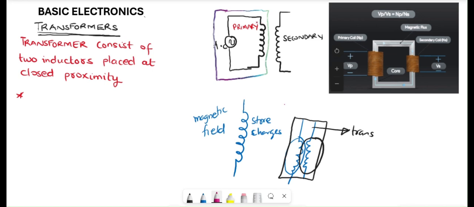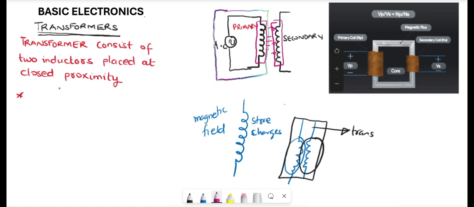Now there's going to be charges being built up at this region. Because there's charges built up at this region and there is another inductor here placed at close proximity, charges will be transferred onto this inductor. And that is how transformers work.